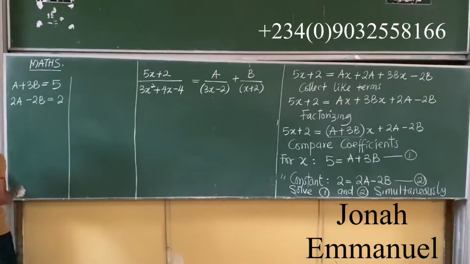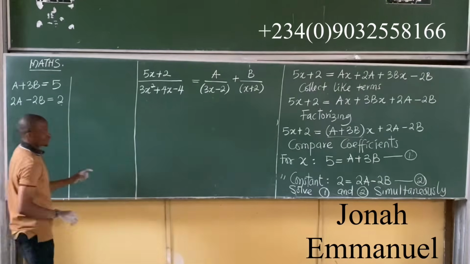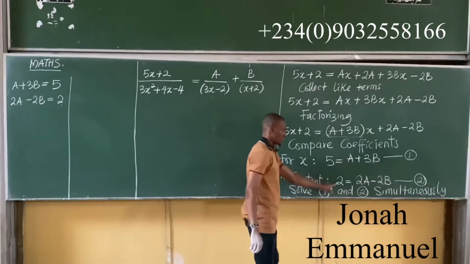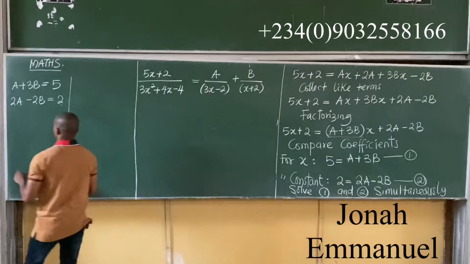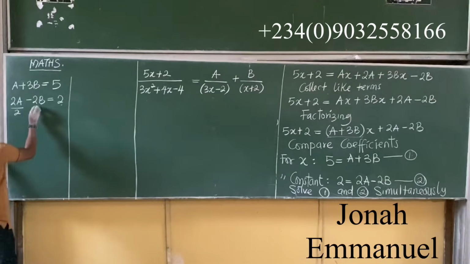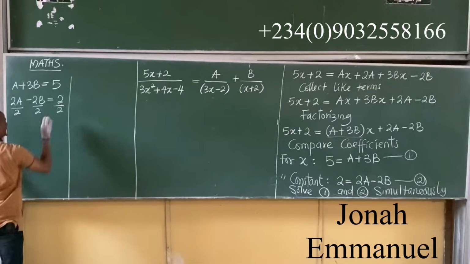So it's easier for me to just divide this one. Since they have the same coefficient, I can divide equation 2 by 2. Divide by 2, divide by 2, divide by 2.